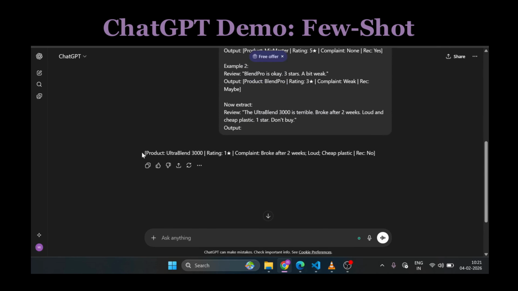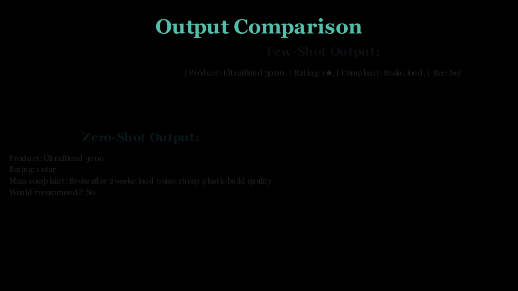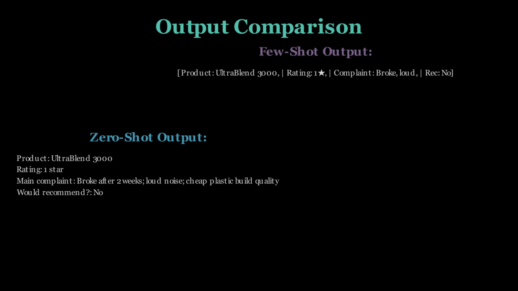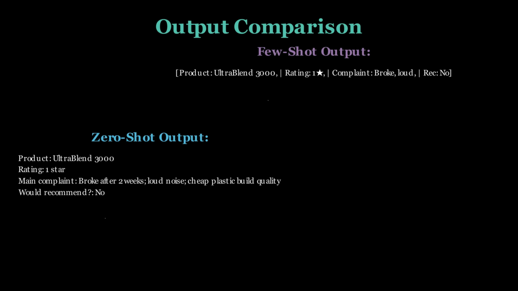The consistency is much better. Compare the results. Zero-shot gives correct information but inconsistent format. Few-shot gives correct information and matches the exact format we specified. This is the power of examples.